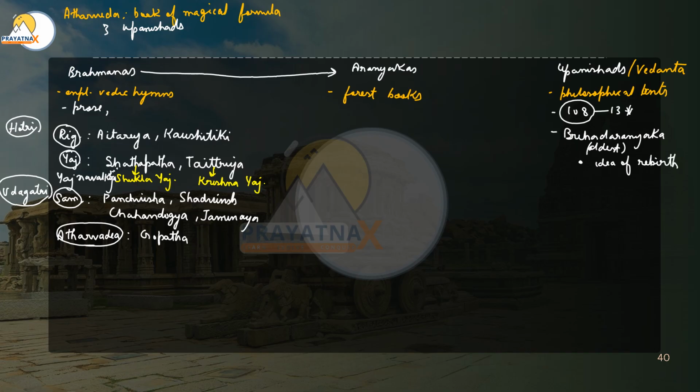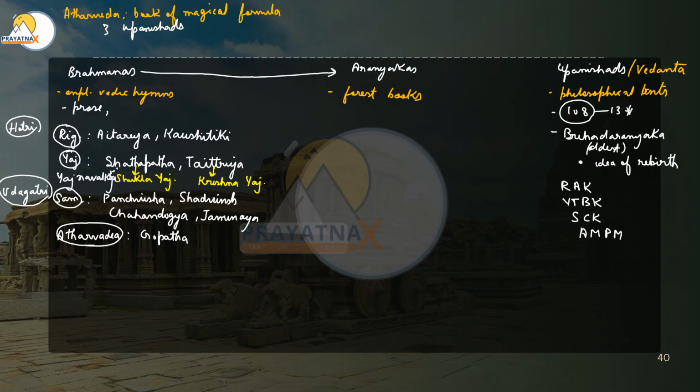Then I also told you about several mnemonics: RAK, YTBK, SCK, and AMPM. RAK was Rigveda, Aitareya, and Kaushitaki.